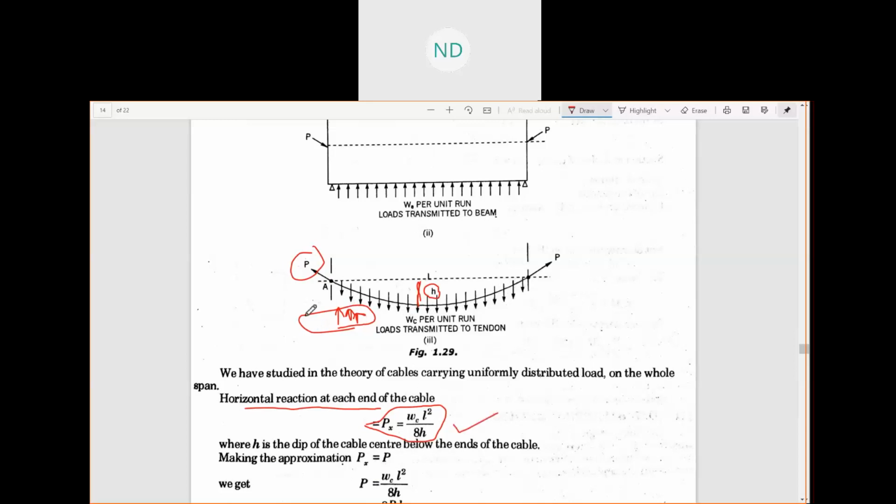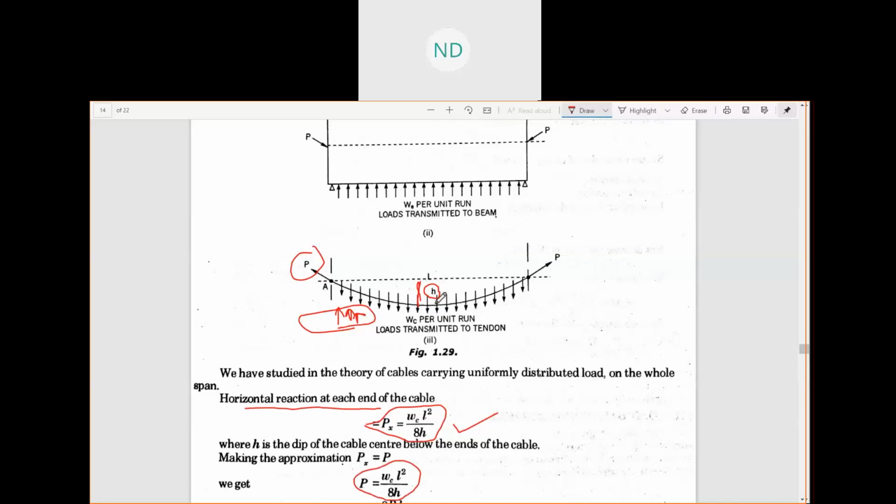So in a cable we know the horizontal reaction which comes is Wc L square by 8h. So we can write that P, our pre-stressing force, is also equal to WL square by 8h.